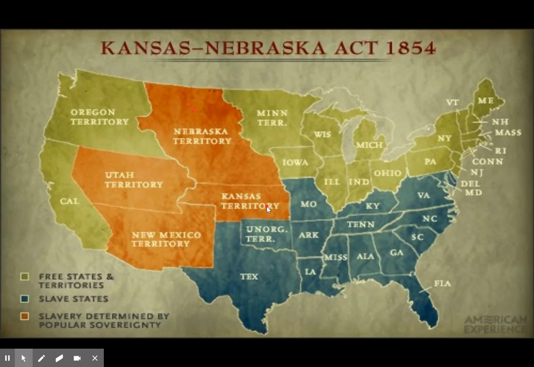So they took away the compromise that Henry Clay made, the Missouri Compromise of 1820. The 36°30' line goes away, and now instead of these areas being closed to slavery, they could potentially be slave states if the citizens of that state voted for slavery. And this is going to create a lot of problems.